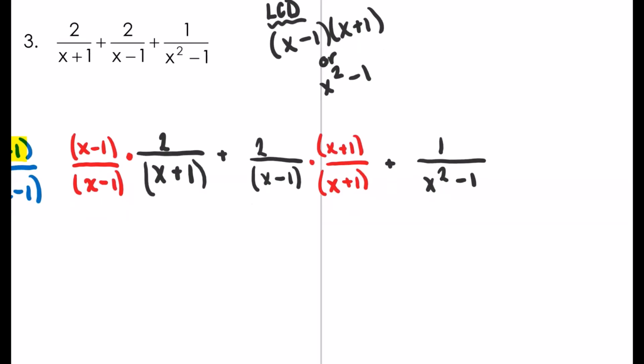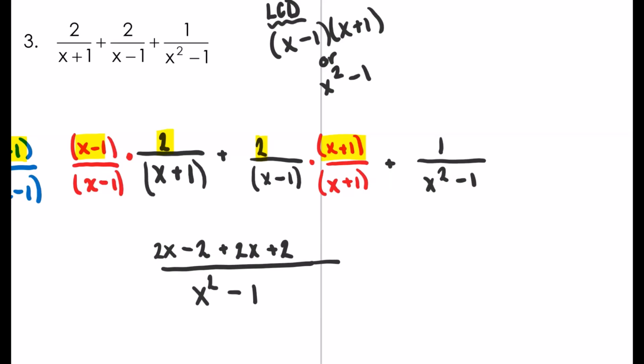So once I do my combining, my new denominator is going to be x squared minus 1. And then notice when I multiply x minus 1 by 2, that's going to give me 2x minus 2. And then my second fraction, when I multiply 2 with the x plus 1, I'm going to get 2x plus 2.